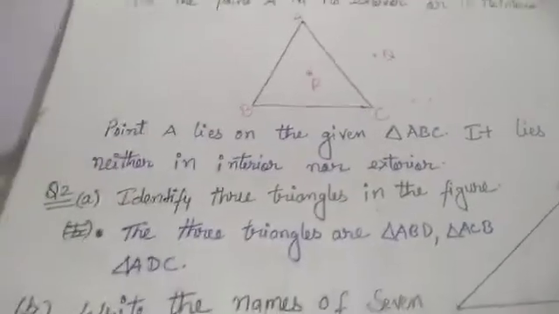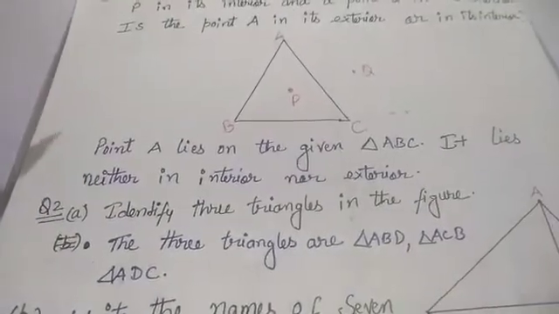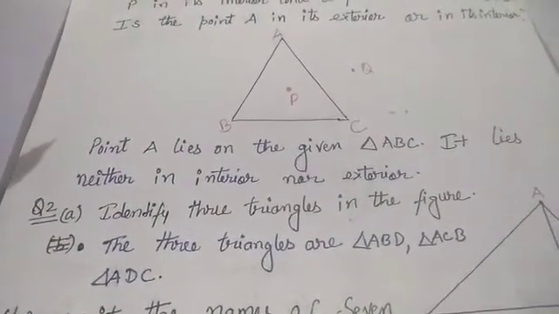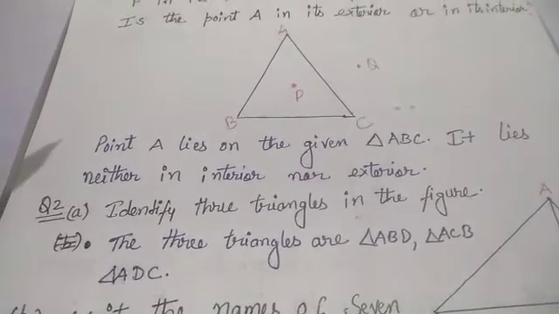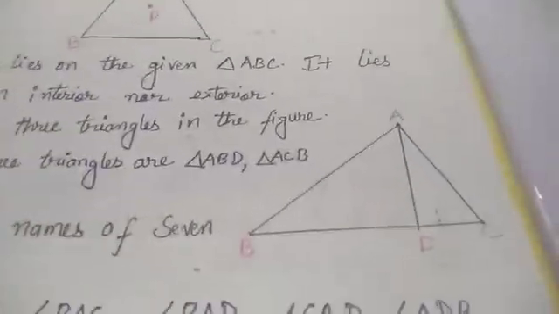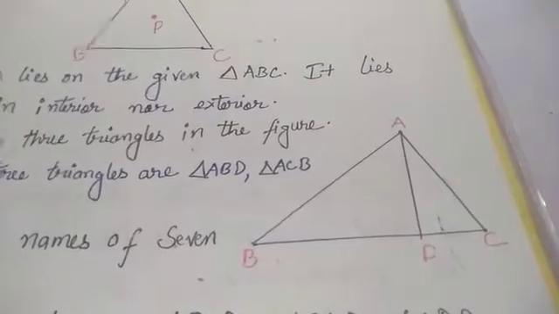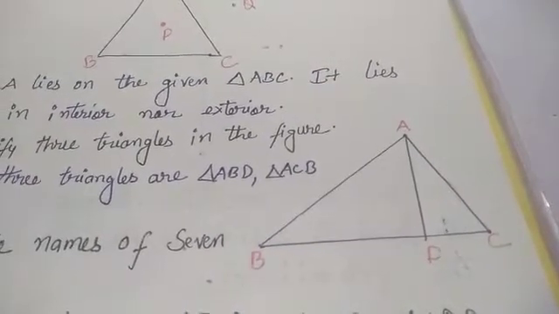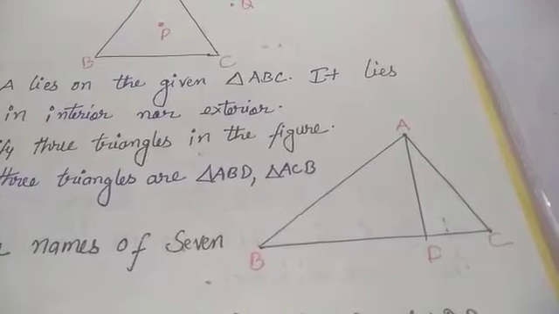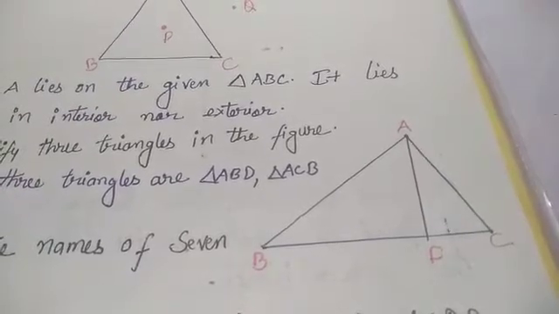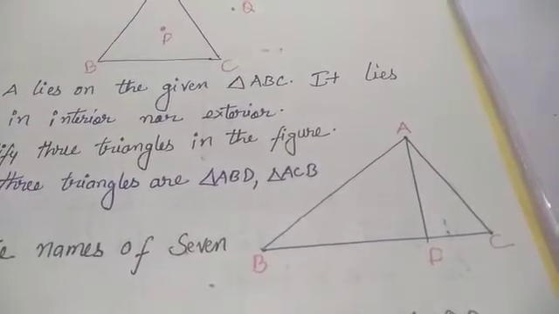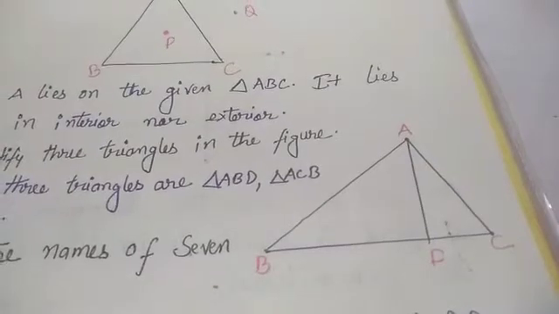Now second question is part A. Identify 3 triangles in the figure. You can see the figure. A large triangle ABC with a median, or you can call an altitude from vertex A to line segment BC.